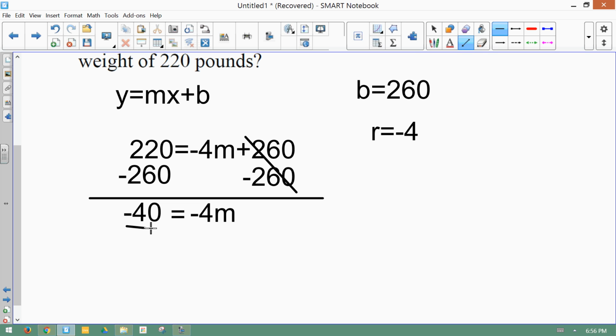To get M by itself, I divide both sides by -4.